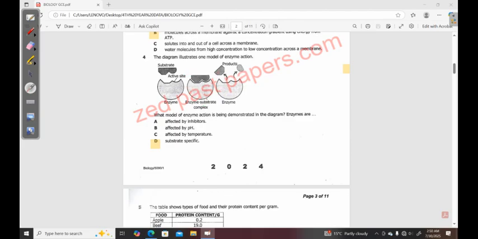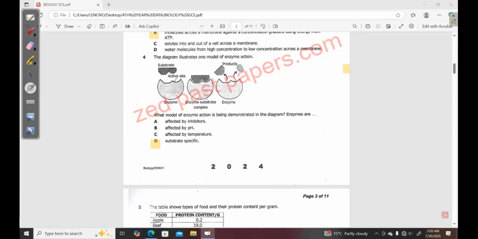B, affected by pH. If this was the case, they would have given us a scenario where this enzyme substrate complex is occurring in a particular type of pH, maybe in the stomach or the mouth where we have amylase and so on. C, affected by temperature. In short, with this question, we can't see any external features like temperature, pH, or inhibitors.